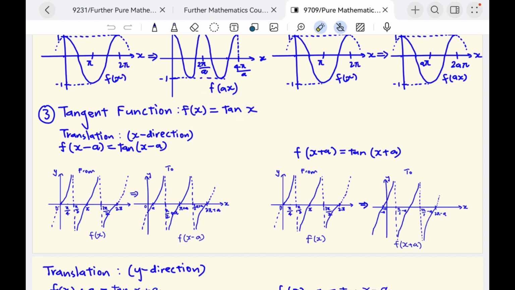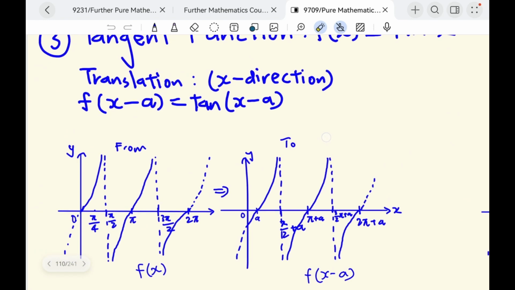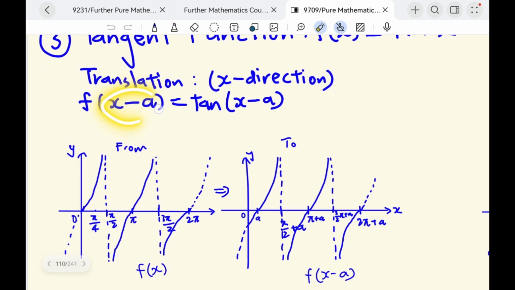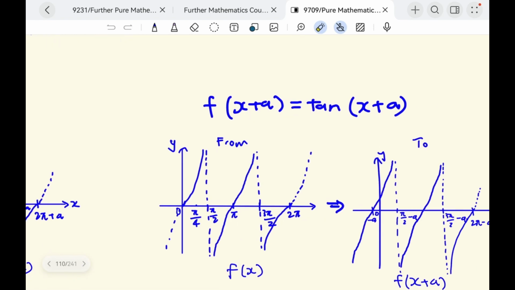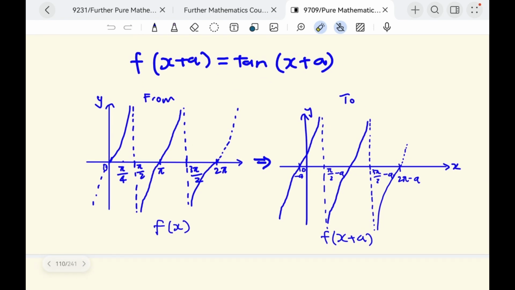Let's dive into the first transformation, which is the translation, in the x direction and y direction respectively. For the x direction, if you replace the x by x minus a, the entire non-continuous tangent graph will shift to the right by a units. Otherwise, the graph moves to the left-hand side by a units.